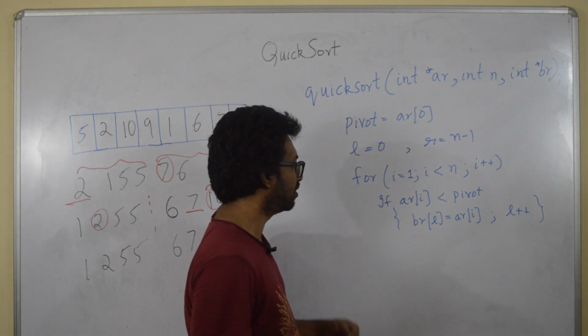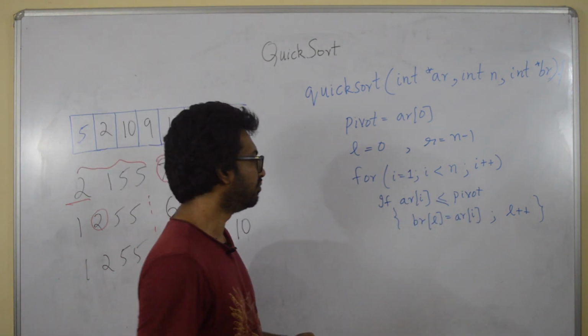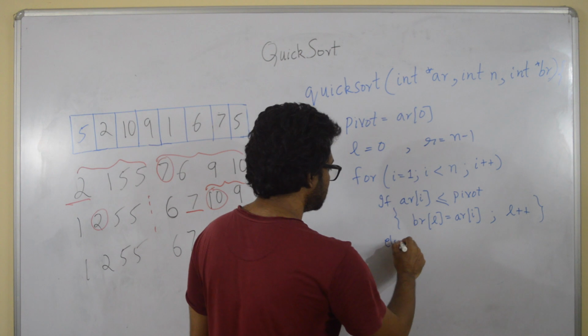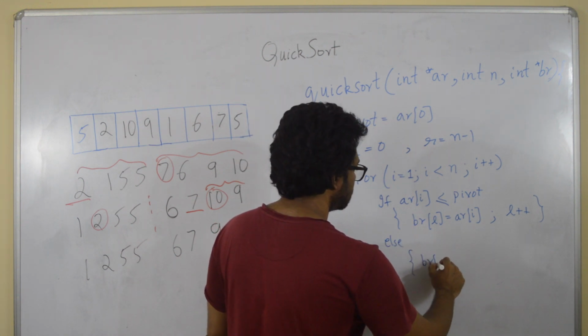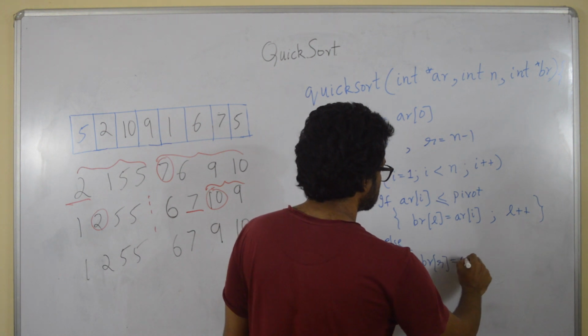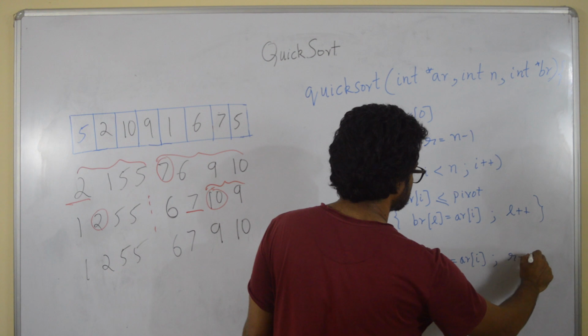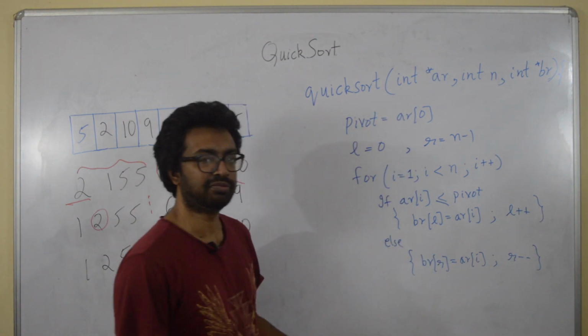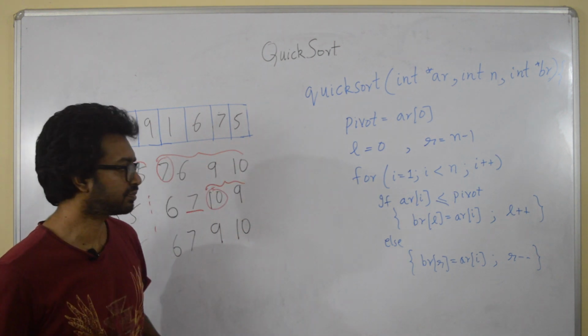On the other hand, if AR of I is less than or equal to, because that's the assumption we made, and else, R minus minus will be on the right. So we come from here and go from there.